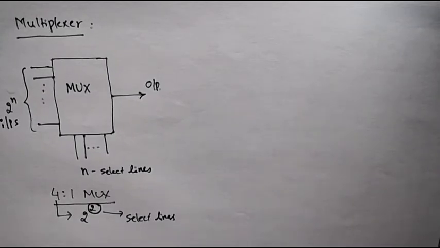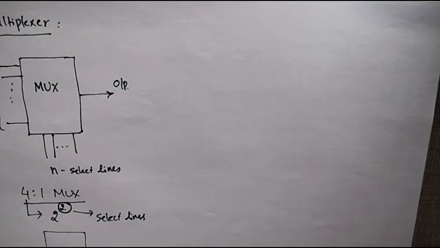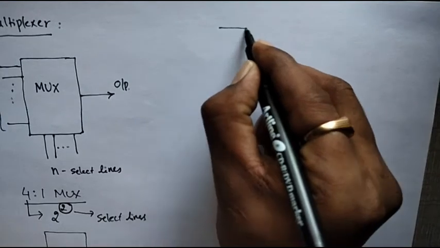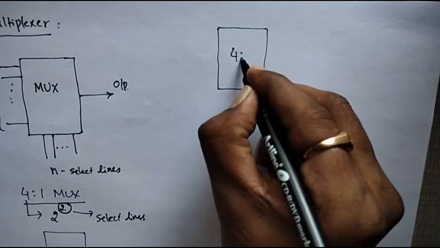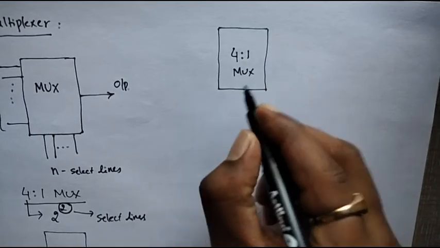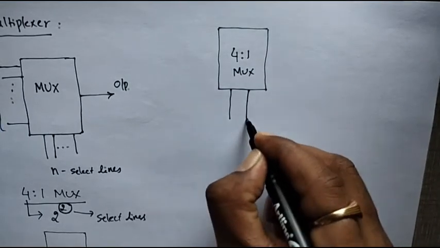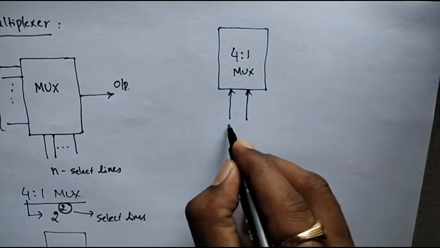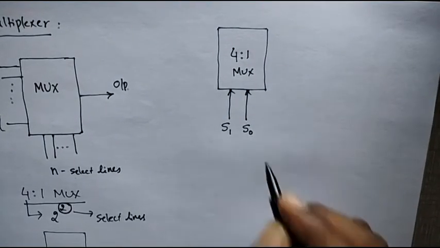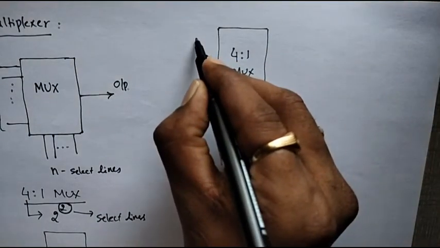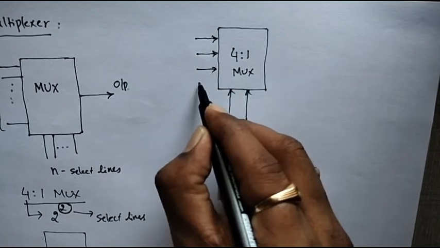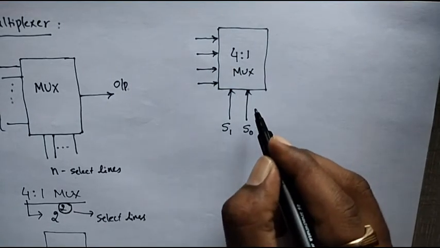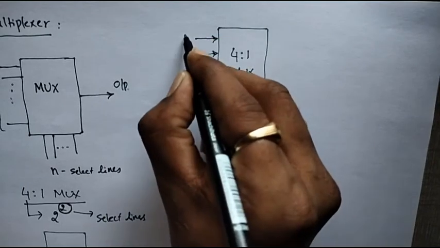So now the block diagram of 4:1 mux can be represented as follows. I can call it 4:1 mux. It has 2 select lines, which I will call S1 and S0. In general it has 2 raised to n inputs; here n equals 2, therefore 2 raised to 2, that is 4 inputs.